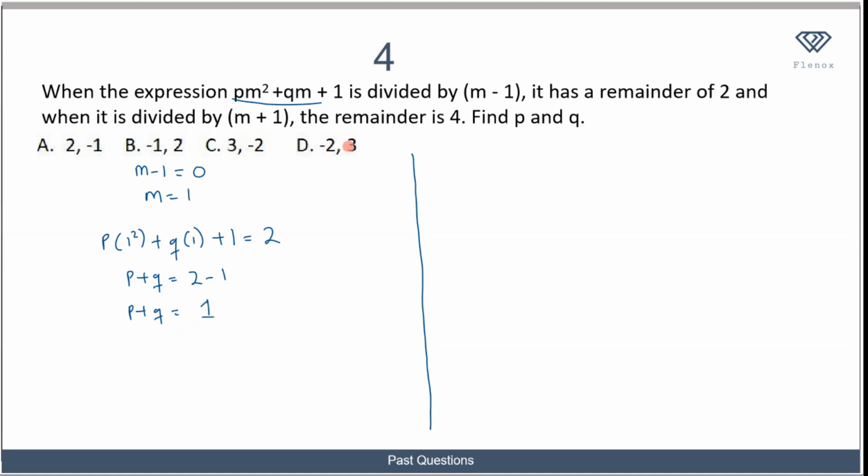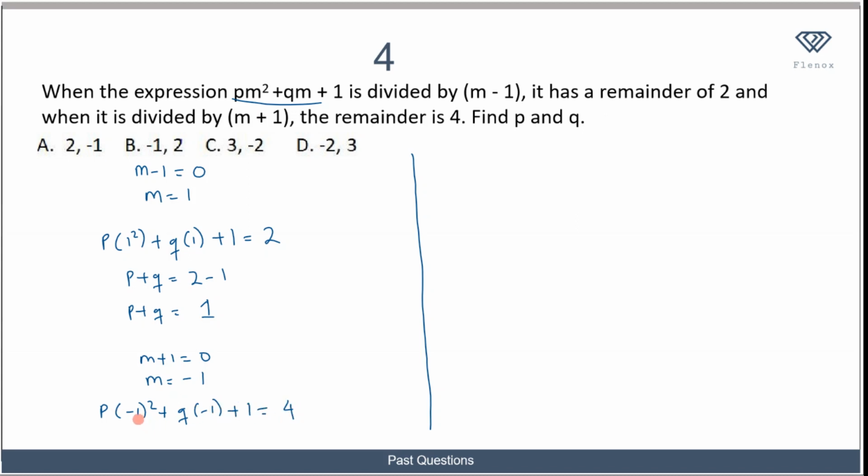Now I'm told that when it is divided by m plus 1, the remainder is 4. So similarly, when m plus 1 equals 0, m here will be equal to what? Minus 1. So I substitute it here similarly. So I have p into bracket minus 1 squared plus q into bracket minus 1 plus 1. The remainder is what? 4.